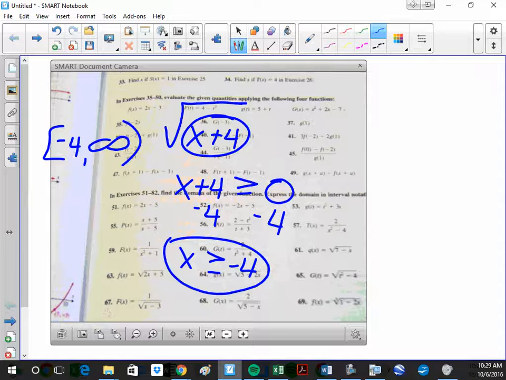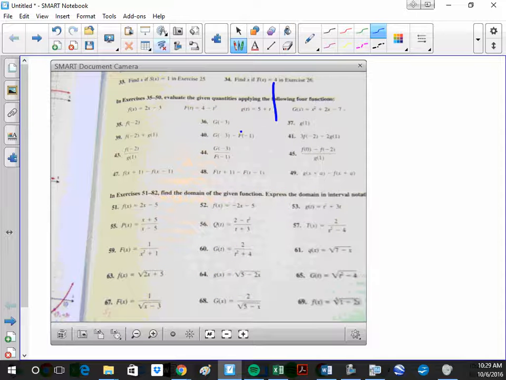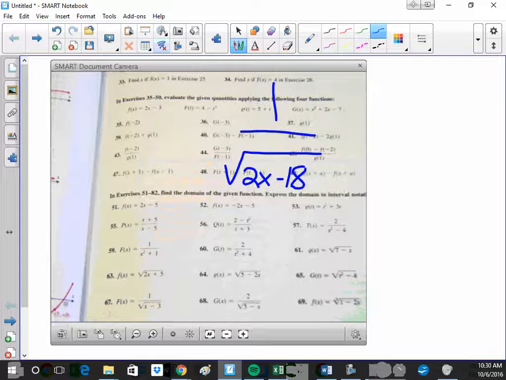Okay? What about this? 1 over the square root of 2x minus 18. We kind of have to worry about both of them, right? We're not allowed to divide by 0, and we can't pick x's that make this square root negative.